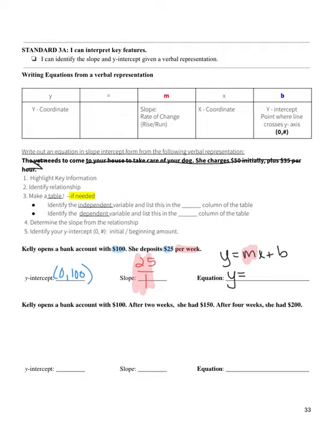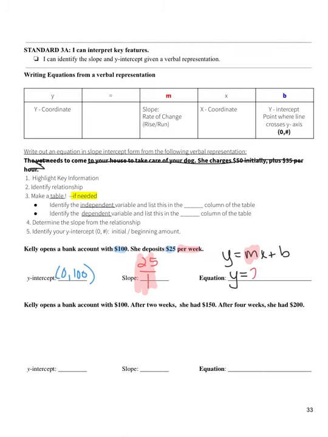So I'll just write this as 25. If you wrote it as 25 over 1, it wouldn't be wrong. 25x plus b, which is my y-intercept. And my y-intercept is 0, 100. That's my ordered pair. So I write this as simply 100.